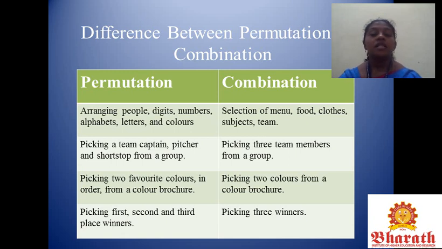For combination related problems, picking 3 team members from a group. Next difference, picking 2 favorite colors in order from a color brochure is permutation. In combination, picking 2 colors from a color brochure. In permutation, picking first, second and third place winners. In combination, pick 3 winners.